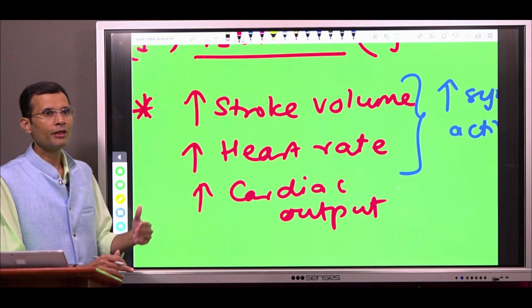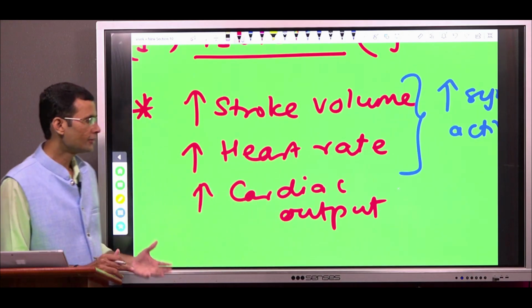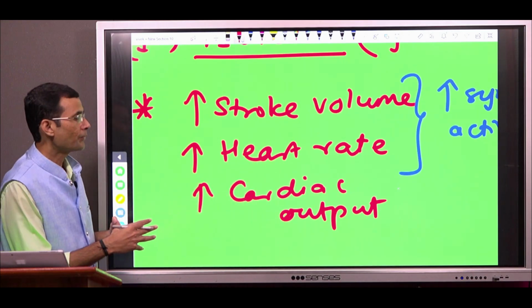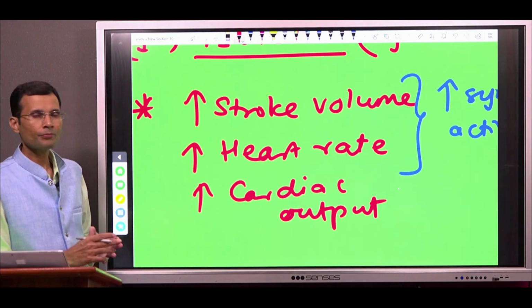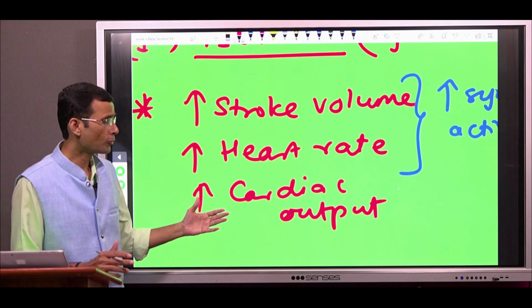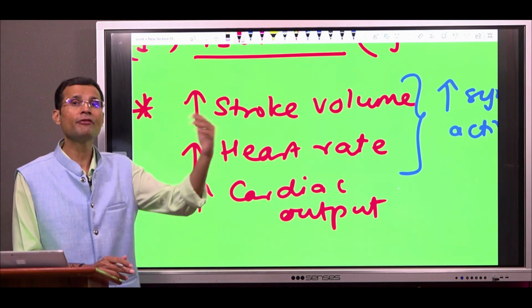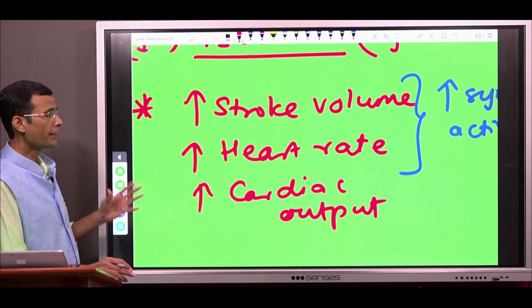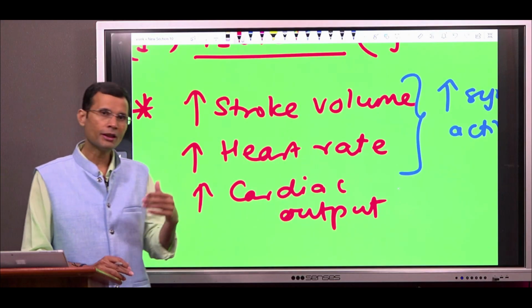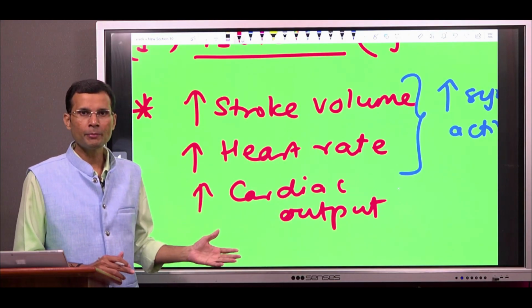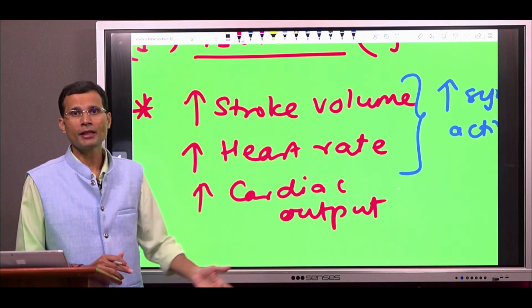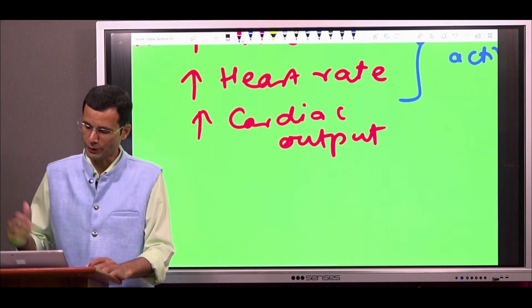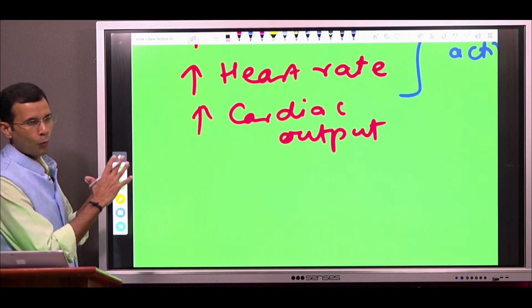The blood will circulate 5 times faster, so to speak, and in an athlete with a higher stroke volume, the cardiac output can increase up to 35 liters per minute. So, cardiac output increases even in untrained people or non-athletes, and in athletes it can be 7 times higher than the normal cardiac output. So, that is one.